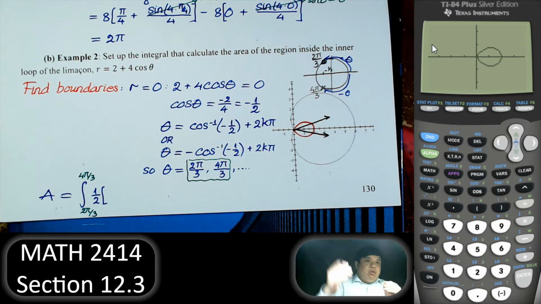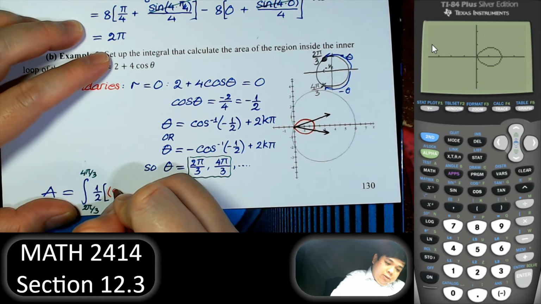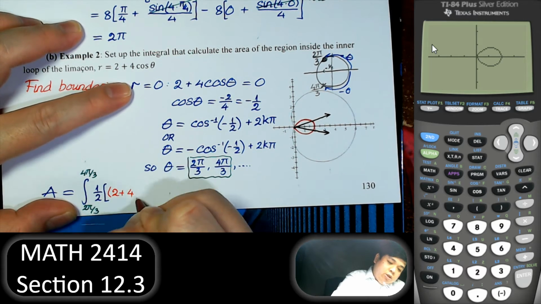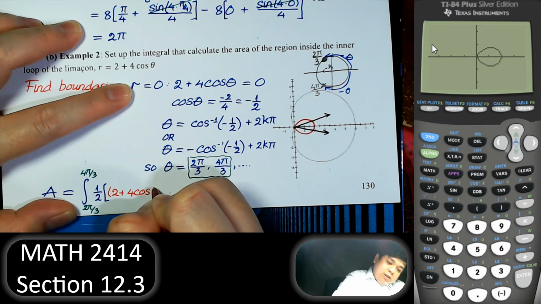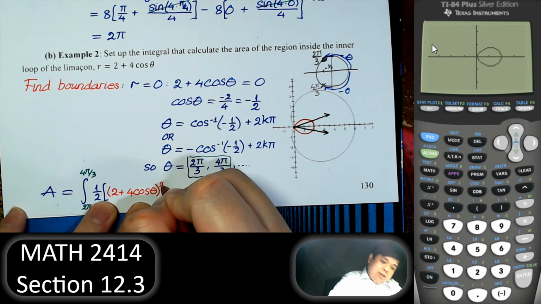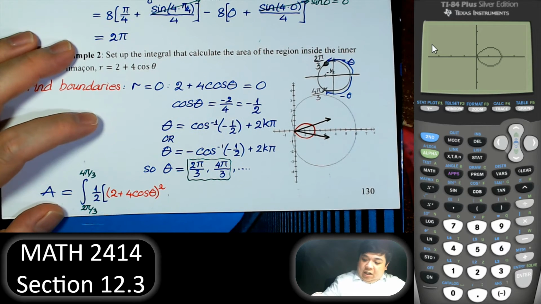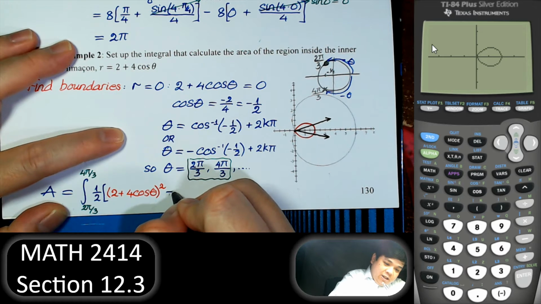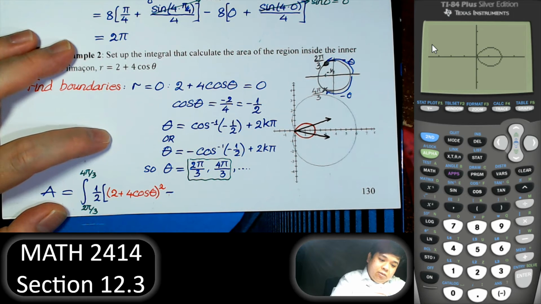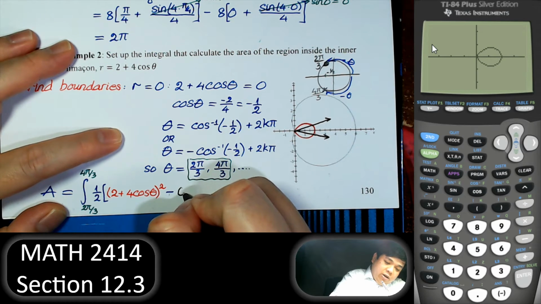We only see one boundary on the outside. So in that case, we will take the function on the boundary, which is 2 plus 4 cosine theta squared, and then subtract the inner radius. There's no inner radius, no inner function.